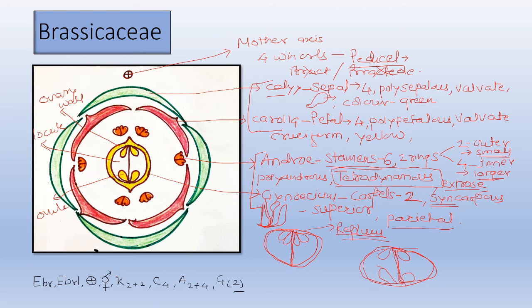So we will now go for the floral formula for this floral diagram. As the bract is absent, it is ebracteate. Bracteole is also absent, it is ebracteolate. The flower is actinomorphic. What is the meaning of actinomorphic?